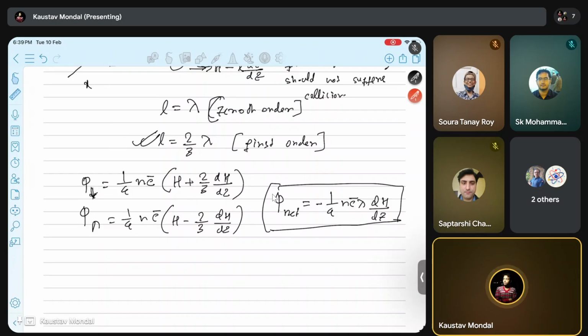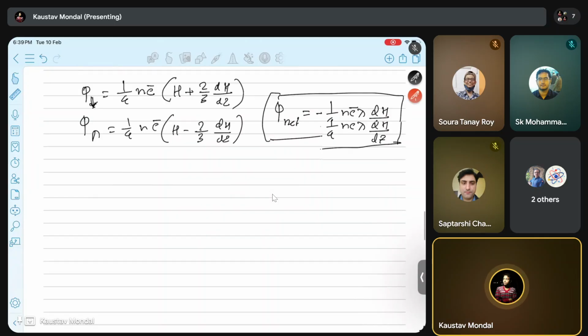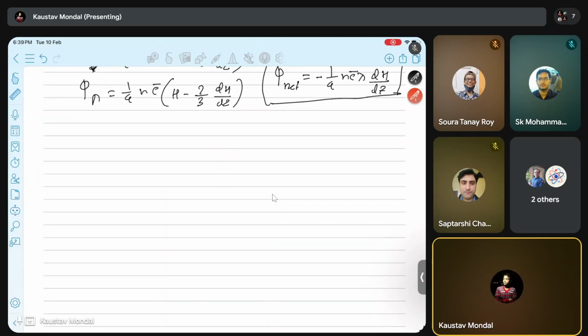Now H can be any quantity. For the case where there is a velocity gradient in the system, like for the case of viscosity we have discussed, there is a velocity gradient. Let's consider this as the y direction, this is the z direction.